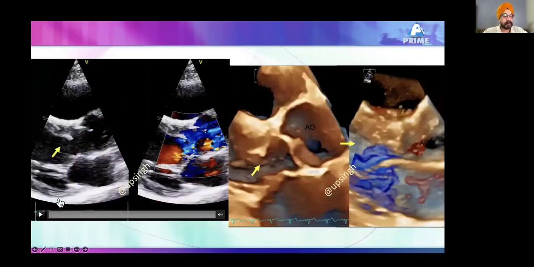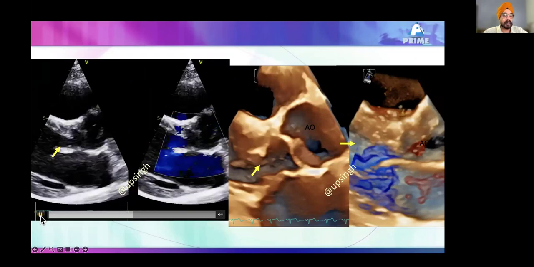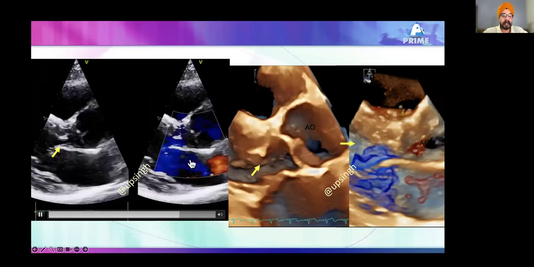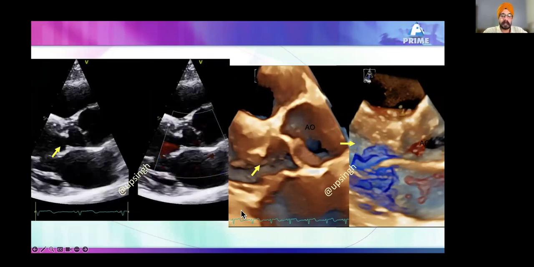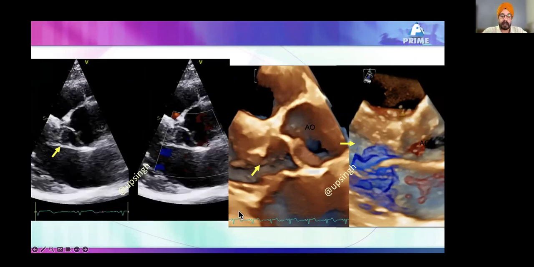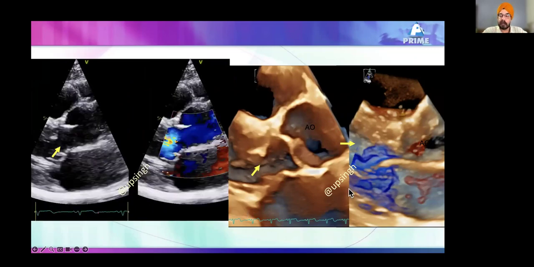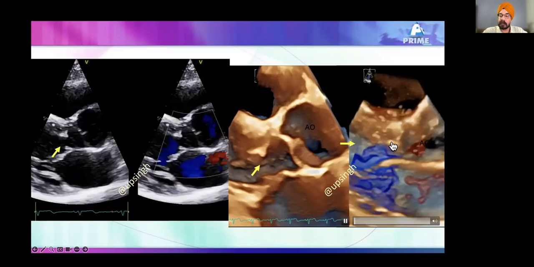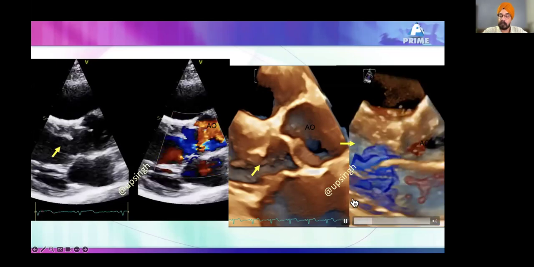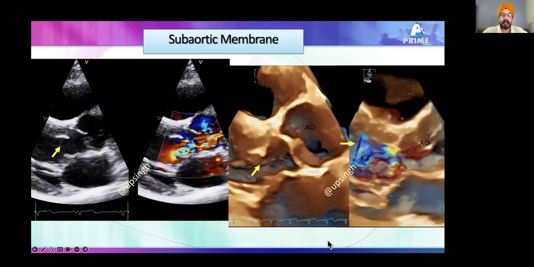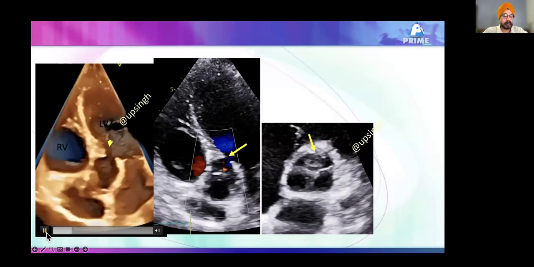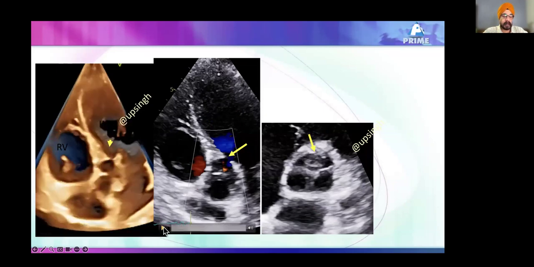This is just out of curiosity. There is subaortic membrane. You see the gradient across this, and this is a very clear-cut subaortic membrane. On 3D color Doppler, you see the aliasing or PISA happening before the aortic valve, the whole contention, and that was something which is not as rare.